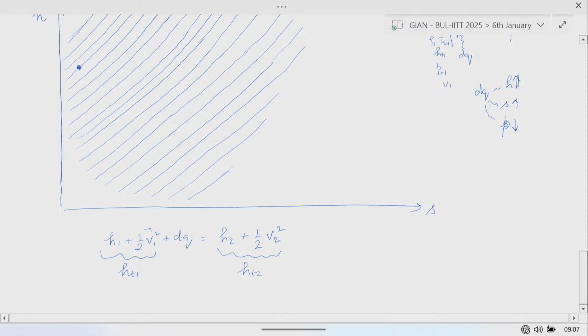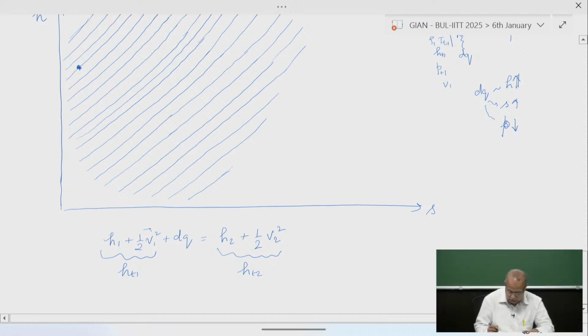Now I'm going to keep the enthalpy term separate and kinetic energy term separate. So I can write dq is equal to delta H plus delta KE. Is this clear for all of you?